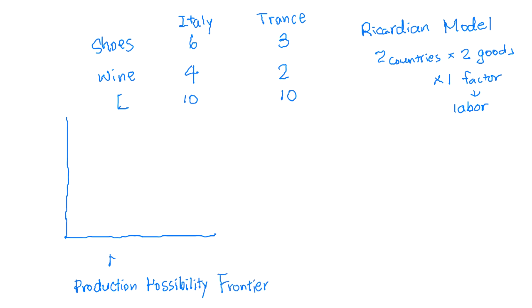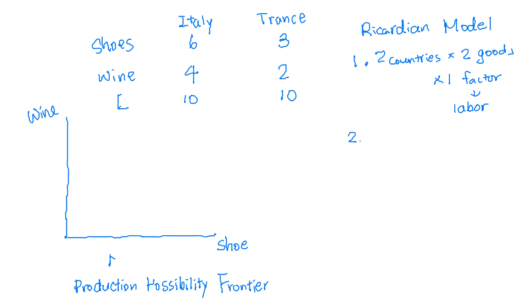You could choose to put shoes on the horizontal axis, or you could put shoes on the vertical axis, it doesn't matter. And wine is here, if you choose like this. So what's the next step? We know this is the first characteristic in the Ricardian model. What about the second one?